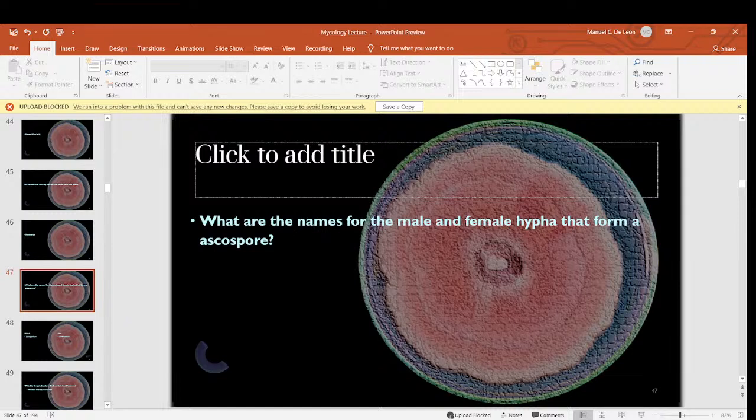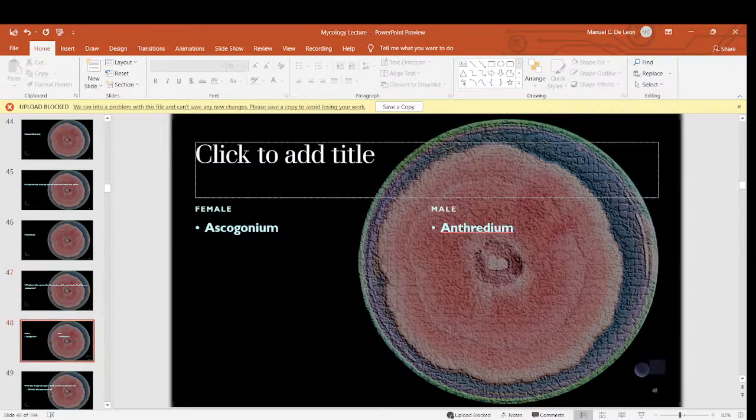If you're planning to take the exam, you need to be familiar with some of these things. Antheridium and ascogonium. The antheridium is always going to be the male form, regardless of the species, whether it is an ascomycete, basidiomycete, or oomycete. The only thing that changes is the female form.